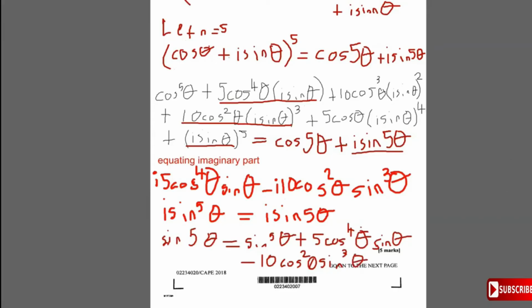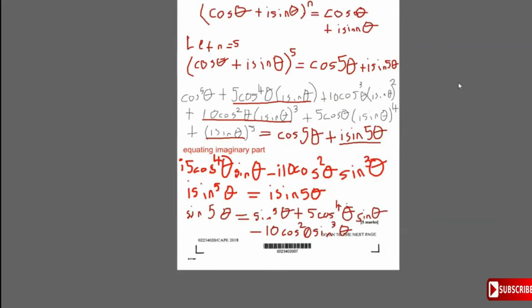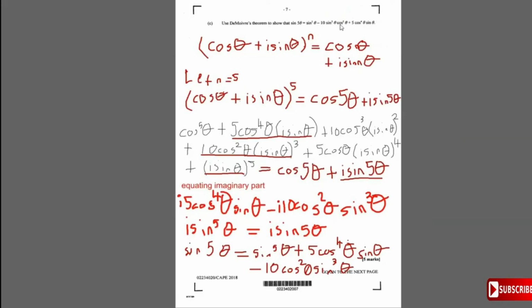There it is: minus 10 sine cube cos square is the same as 10 cos square sine cube, 5 cos to the 4 sine theta, sine to the 5th. So we're showing it, just in a different order. So you write shown, and QED.